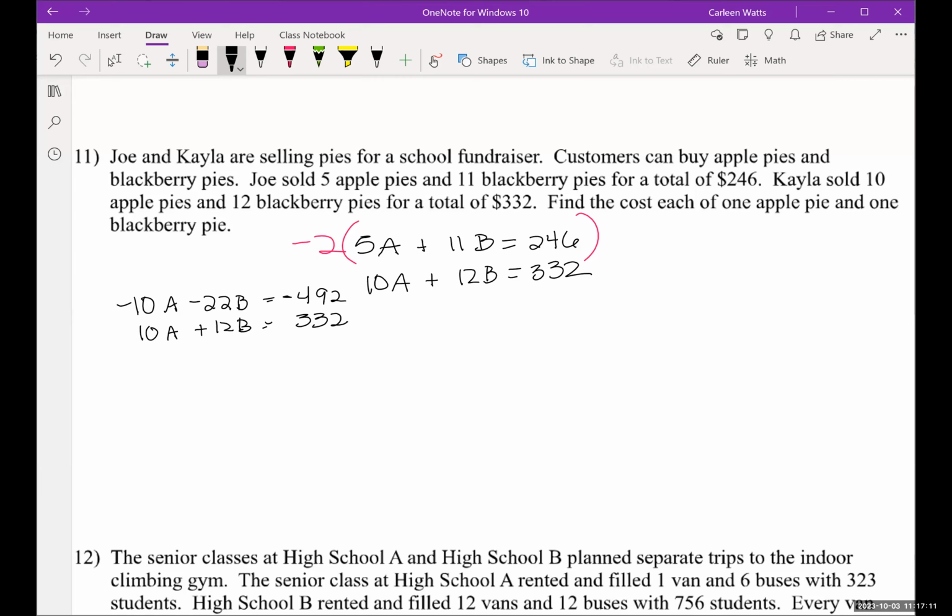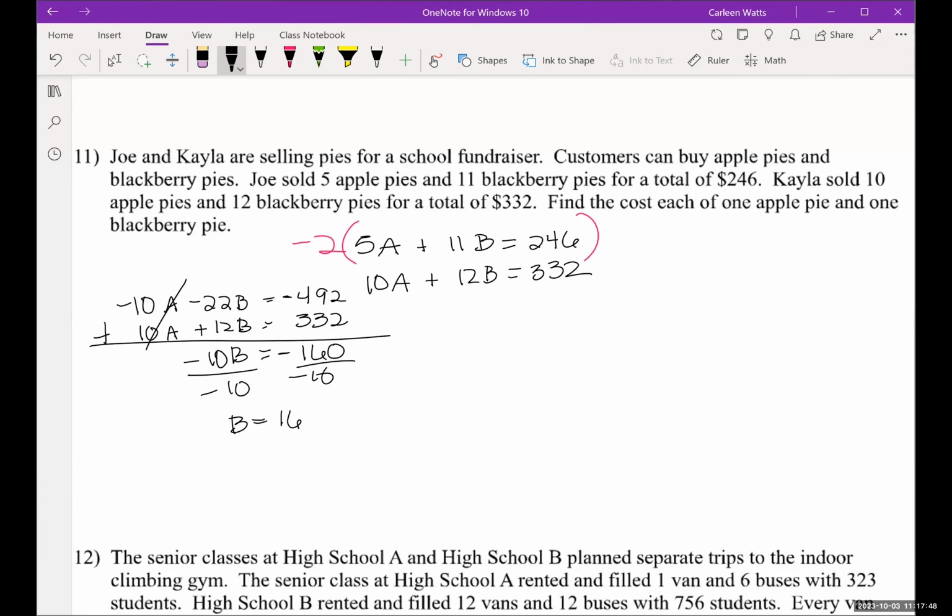Okay, what's my next step? All right, add down. So we have -10B is equal to -160. Divide by -10, B is positive 16. So does that mean 16 pies?